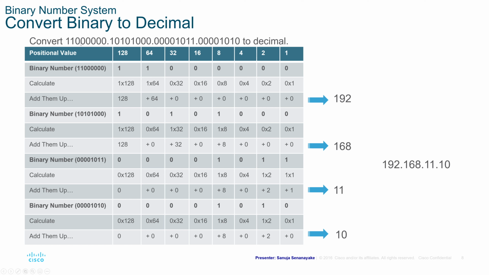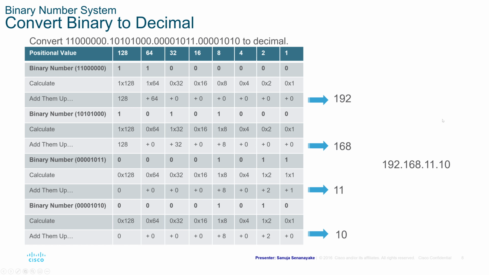Let's convert the IP address 192.168.11.10, which all the Cisco devices or any other intermediary or end devices understand as 1100000010101000, and so on and so forth.